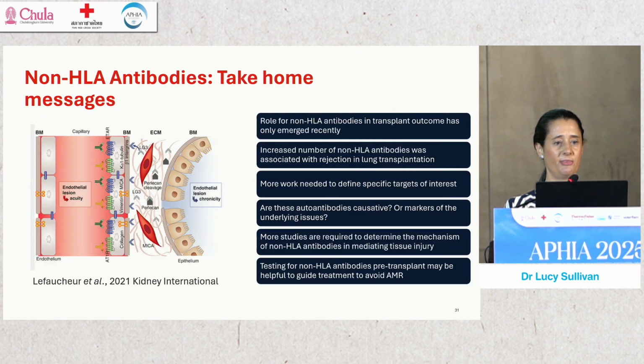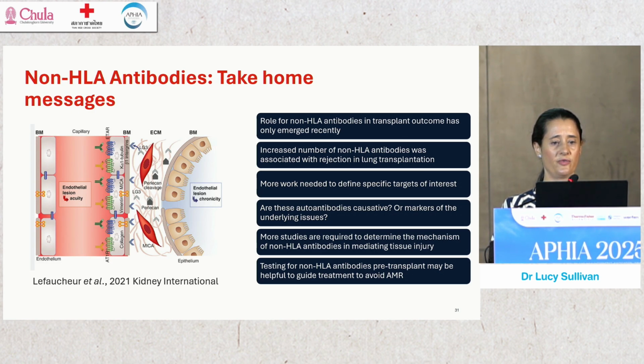So non-HLA antibodies, some take-home messages. A role for these antibodies in transplant outcome has really only emerged pretty recently, and the literature is fairly sparse and somewhat patchy. We found an increased number of non-HLA antibodies was associated with rejection following lung transplantation, but we probably need very, very large cohorts to work out specific targets of interest.